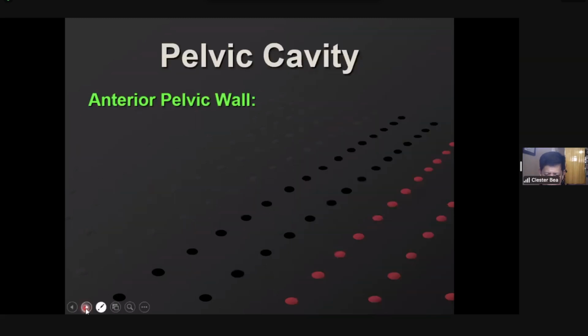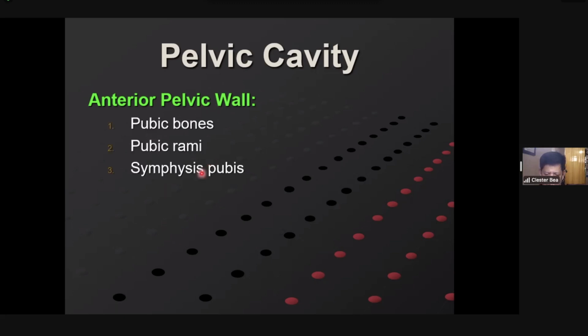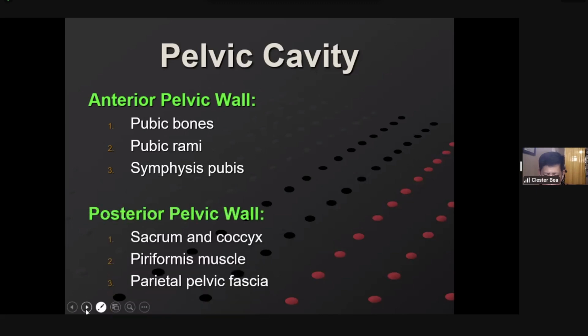Now we've finished with the posterior, lateral walls and the floor of the pelvis. The anterior part of the pelvic wall basically has bones: pubic bone, pubic rami, and symphysis pubis. As a review again, the posterior wall is made up of the piriformis muscle, the parietal layer of pelvic fascia, the sacrum, and the coccyx.